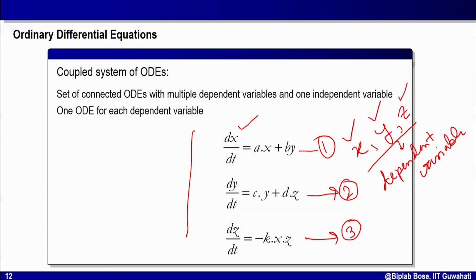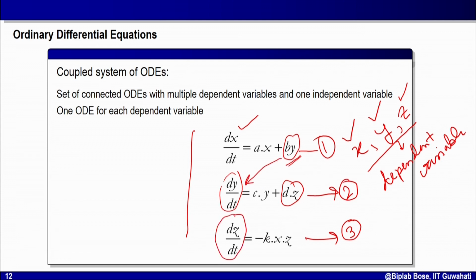Now, this system is called a set of ODEs because I have more than one ODE. One interesting thing here is that dx dt has a y term, whereas dy dt has a z term. That means if I have to know dx dt, I have to know y, and that is controlled by its own derivative.